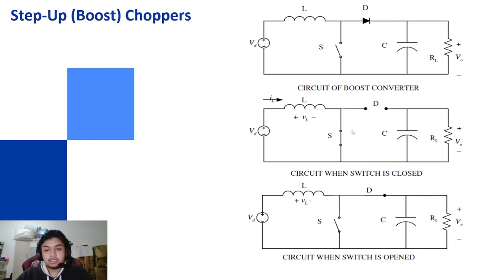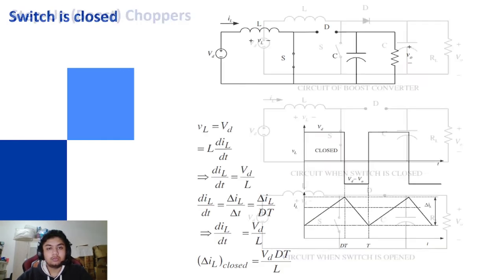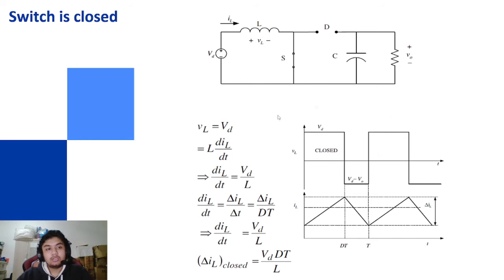So basically when the switch is closed, the current will flow through here. So this is the calculation for this circuit. So the total is VD dt over L.